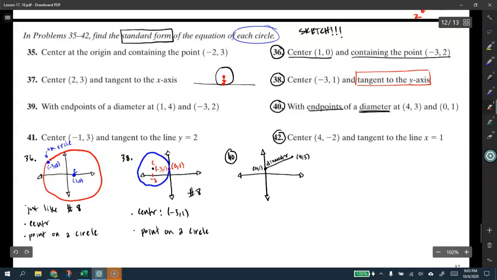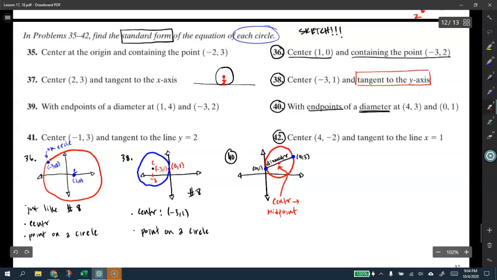Well, think about how we just tried this a little while ago in a different question on the previous slide. If you want, you can go ahead and make a circle, and that circle contains those 2 points, 0, 1 and 4, 3. Now, again, how did we figure out the center, because we can't proceed if we don't know the center of that circle? To find that center, we used the midpoint formula.